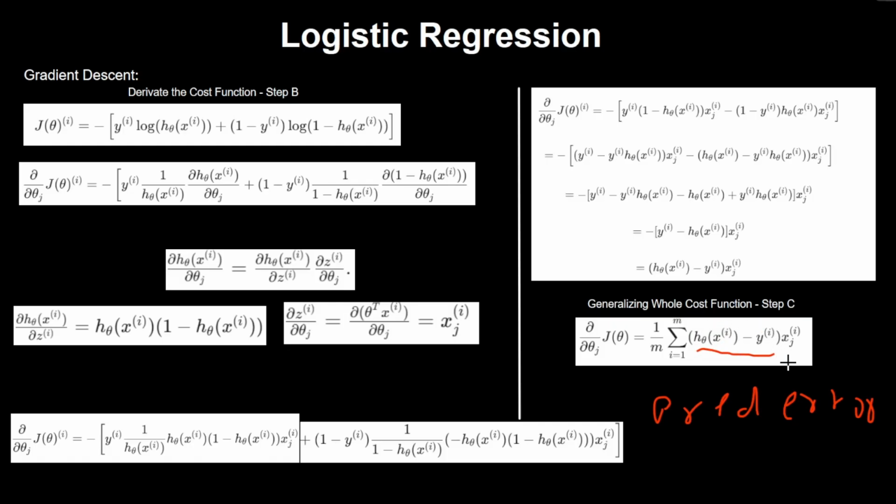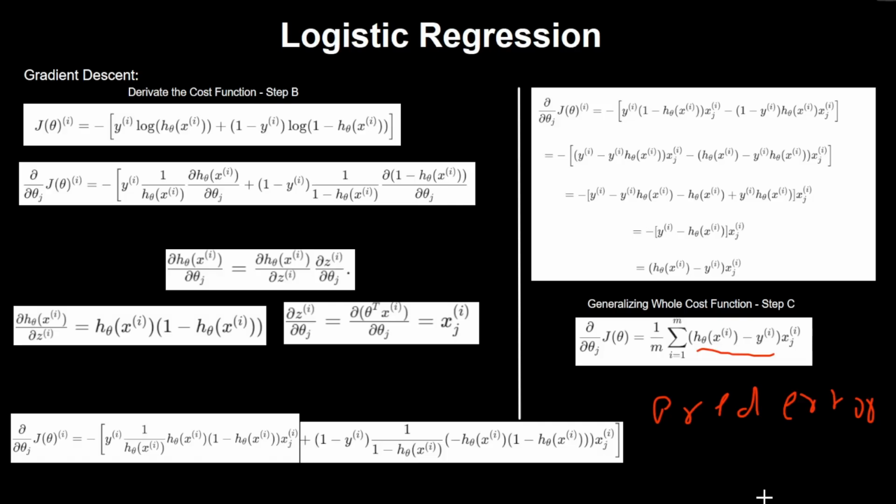That's why it is a prediction error, which is predicted minus actual. So the full expression is just the average error, because we take the summation and the average, scaled by the corresponding feature value xj.